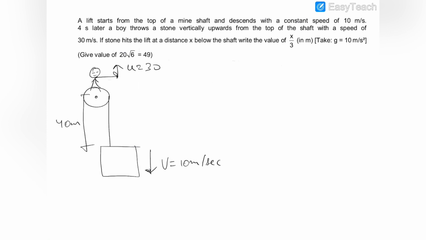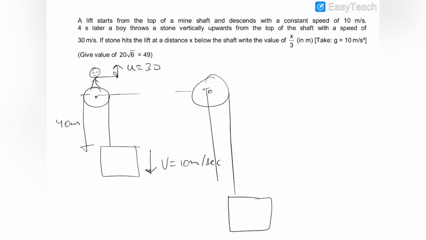So when the ball will hit the lift, then obviously the position of the lift would be in the downward direction by some distance 40 plus x. I have assumed that the lift has descended down by a distance of x more. Now the stone has struck the lift at this position.